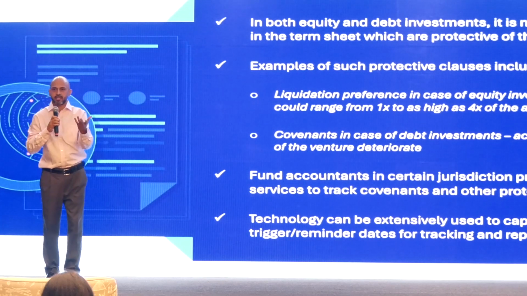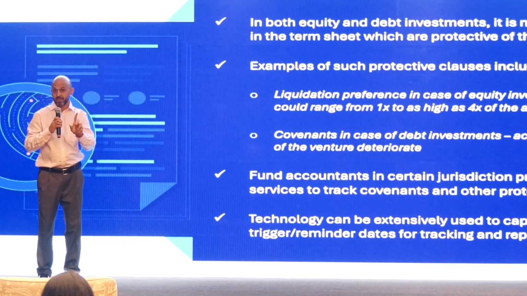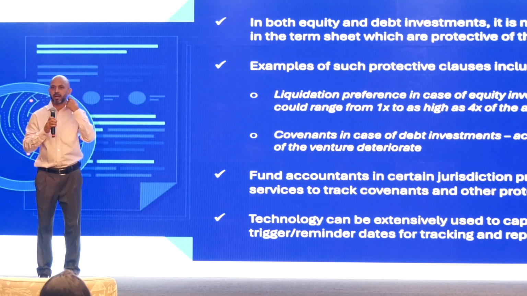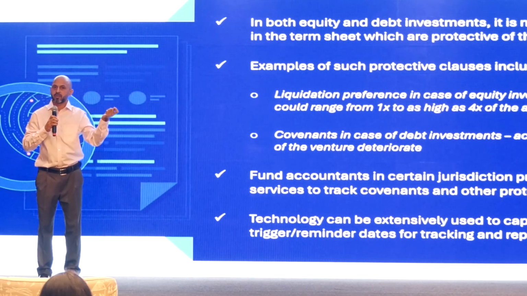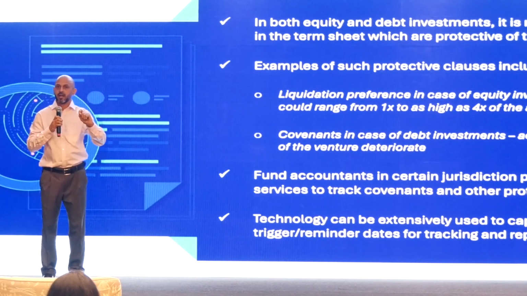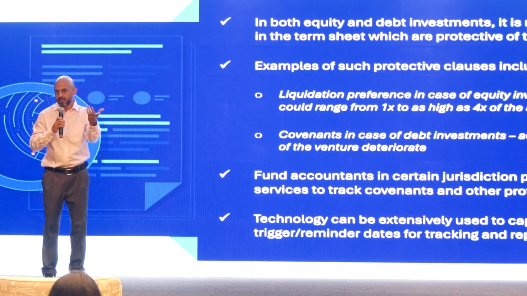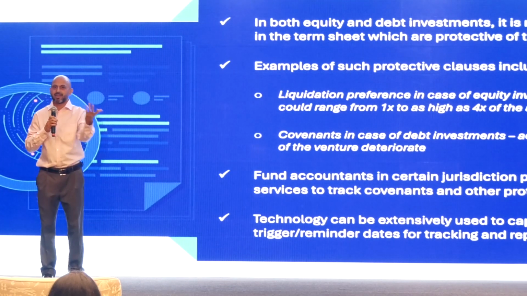Liquidation preference says that although I own only 20% of the venture, I have a first right over, say, 20 rupees, so that I get my money back. My stake in the venture takes a step back. The liquidation preference clause takes precedence, and I recover my 20 rupees first, which is the capital that I had invested.